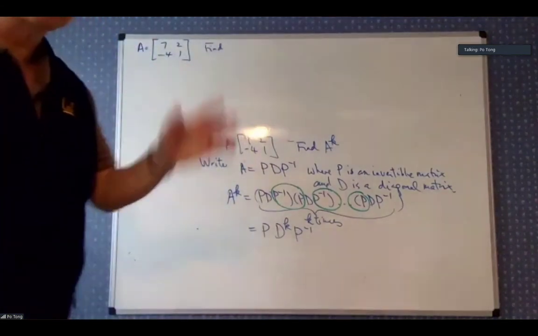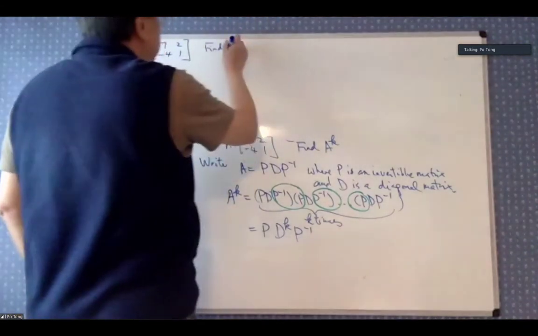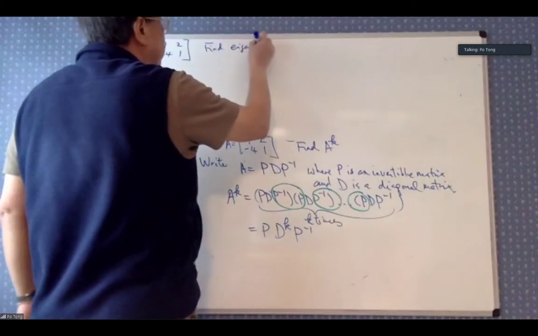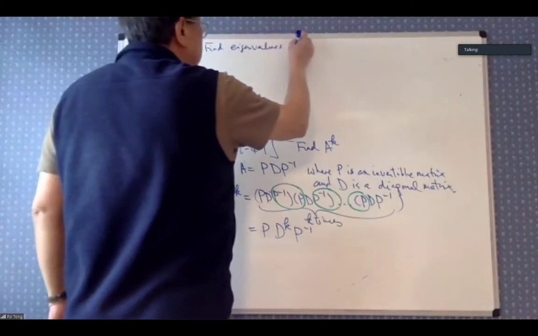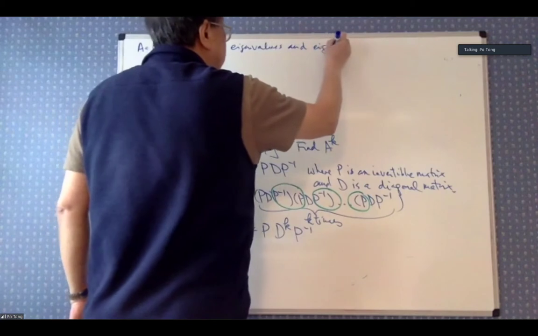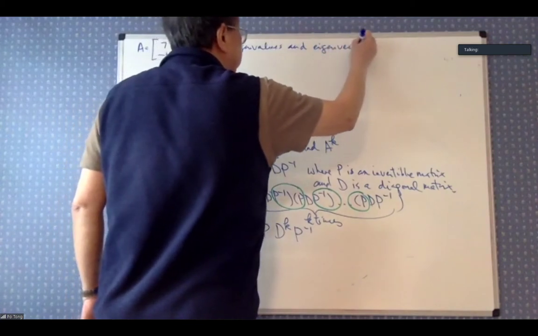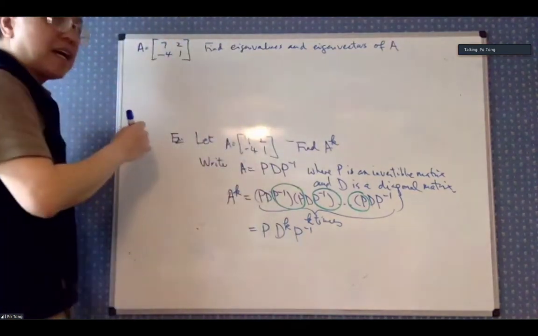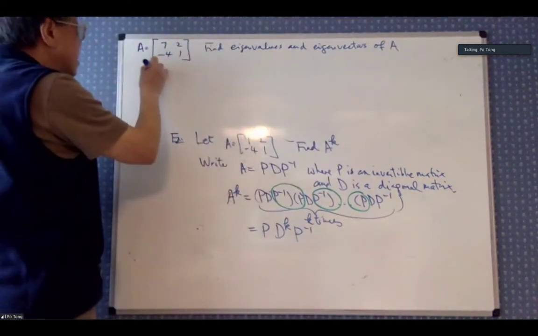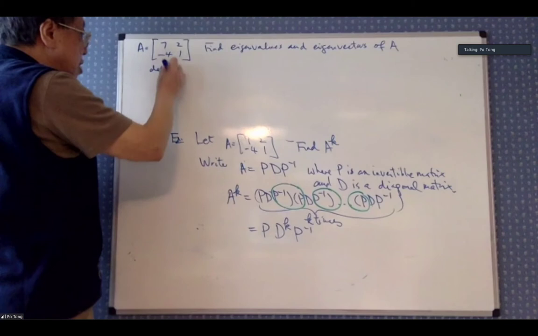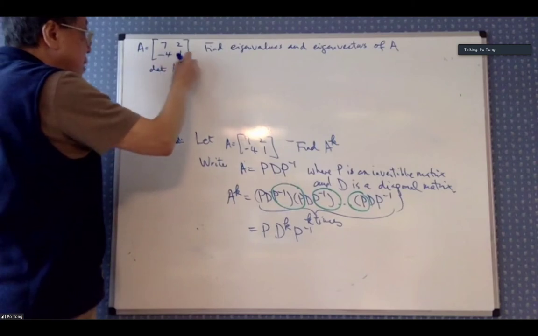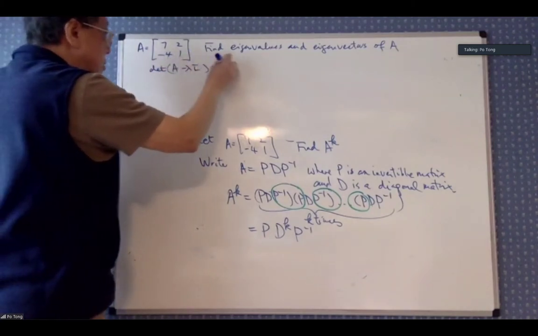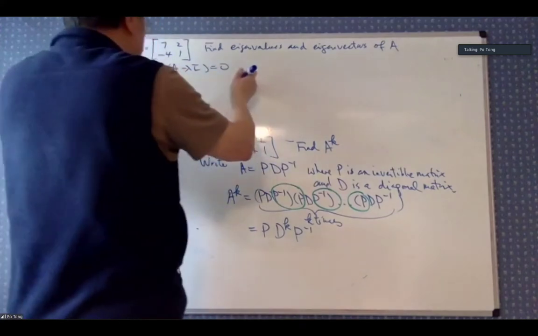So the process to find P and D, these are the general steps, okay? Find eigenvalues and eigenvectors of A. Now, how do we do that? You do determinant of A minus lambda I equal to 0.